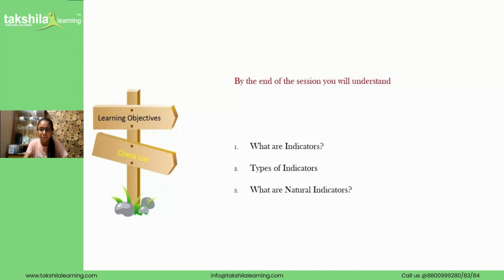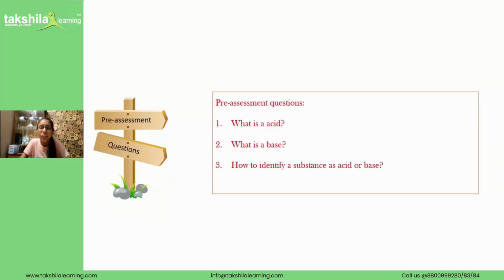So for checking your knowledge, let me ask some very quick and easy questions which we have already read in earlier grades. The first question says, what is an acid? Acid is a substance which is very sour in taste.